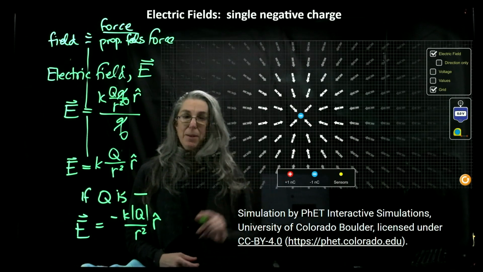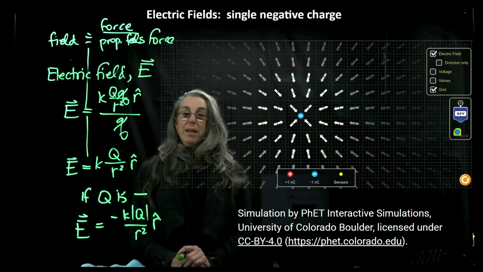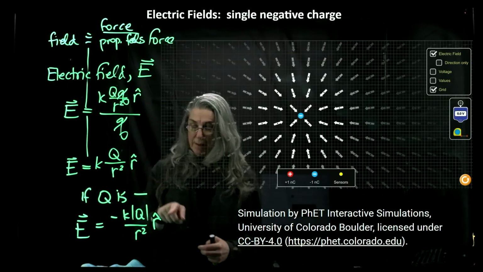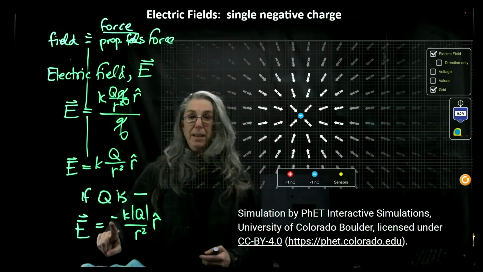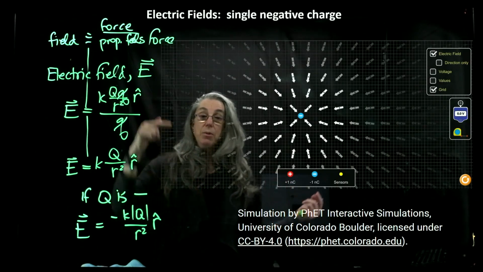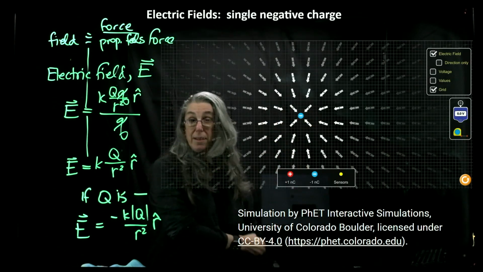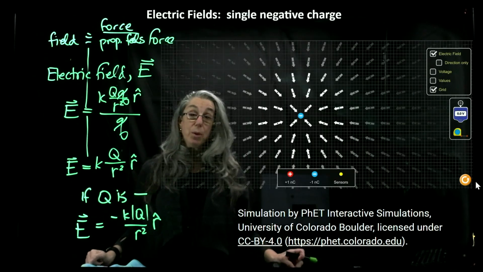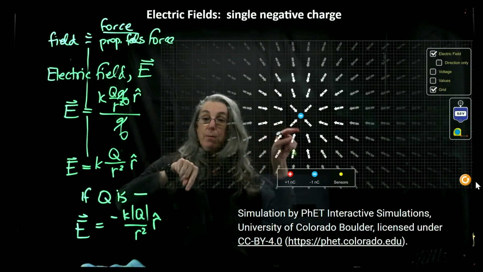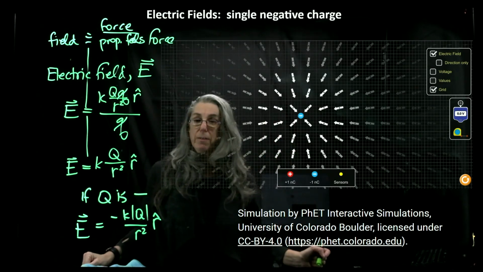You can see at the bottom they're labeled. For the negative charges, we expect them to point towards the center because the negative sign indicates that the direction of r hat is flipped. So negative r hat points towards the center. Negative r hat is centripetal, toward the center. And r hat is radial, radiating outward from the center of the circle.